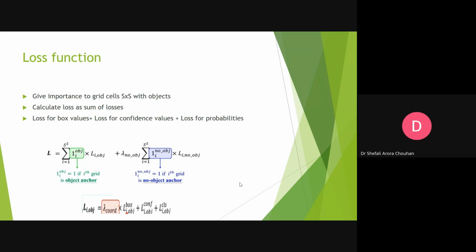That loss is basically predicting the difference between the actual and the predicted values, right? And here, if we talk about loss calculation for YOLO, we have to understand what the class probability is, what the confidence value is, and there is a loss function for bounding box as well.